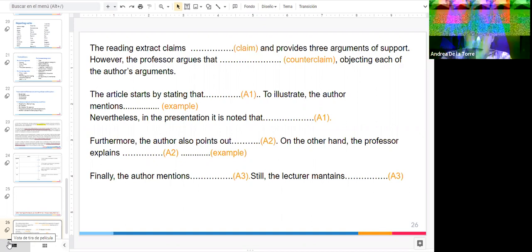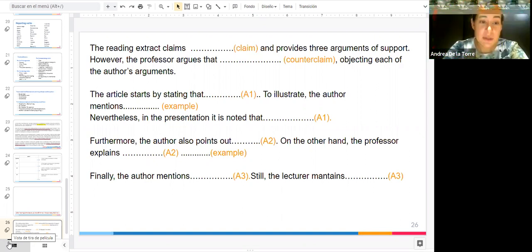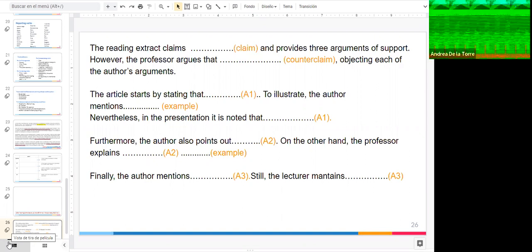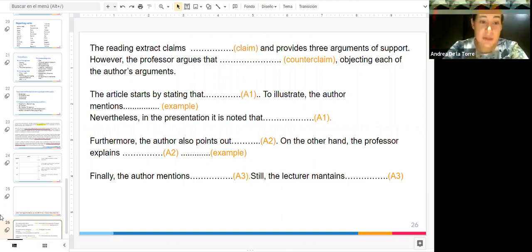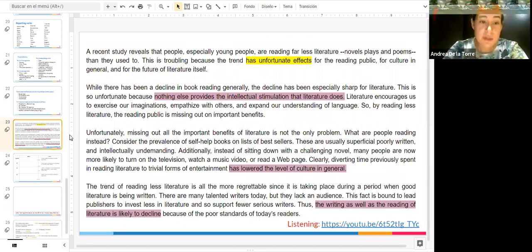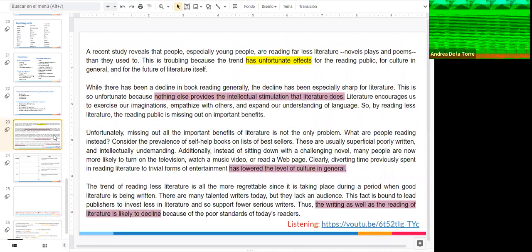The reading says that nothing else provides us with intellectual stimulation, but the professor says that there are other types of books just as stimulating. The reading says that the level of culture is declining, but the professor says that there are other expressions of culture. So that's what you're going to do, pretty much.